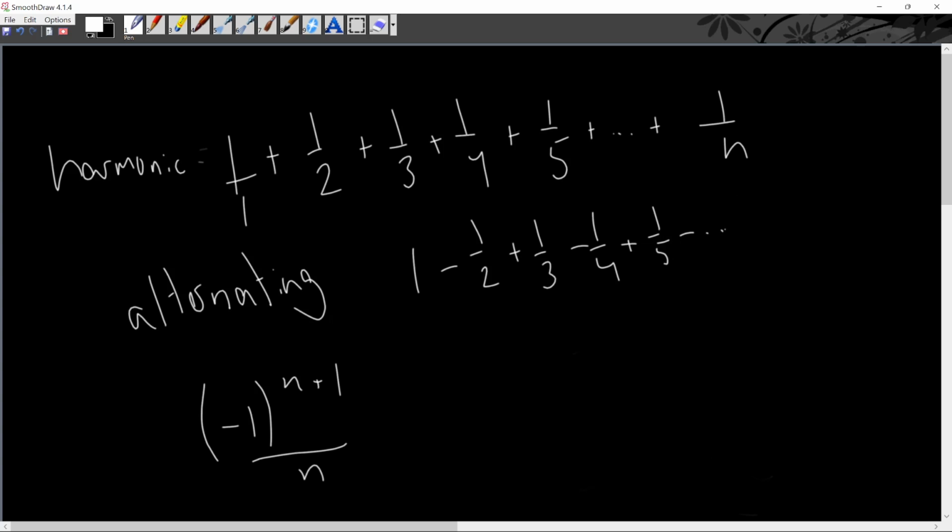Now you're going to put your general term, and this actually does converge. But we'll talk about why this converges. There is a test that proves why certain alternating series are able to converge and why others are not able to. But an important idea to grasp about this, you don't really need to understand it too well because we will go over it in further depth in just a second, but just something to remember.